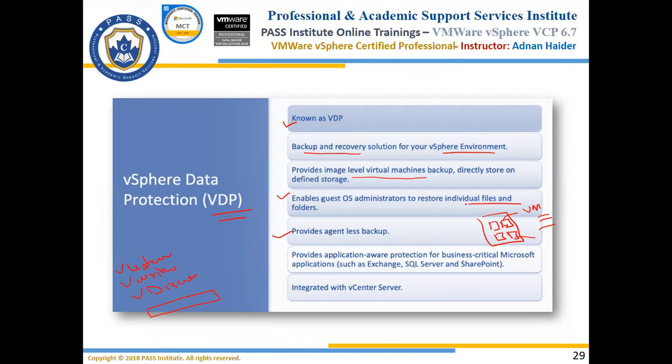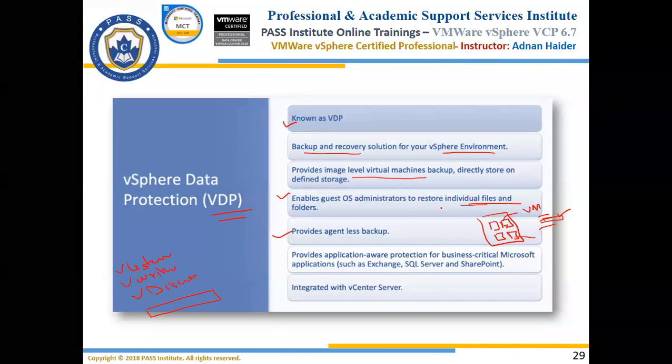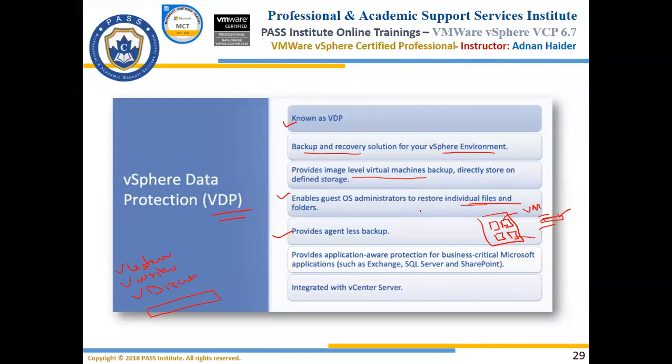But now you have the ability to go into VDP, go down to that file, and just restore one file. This is another very important feature of VDP. Interview question: in VDP, can you restore a VM or an individual file? Yes, you can restore a complete VM, and you can also restore an individual file.